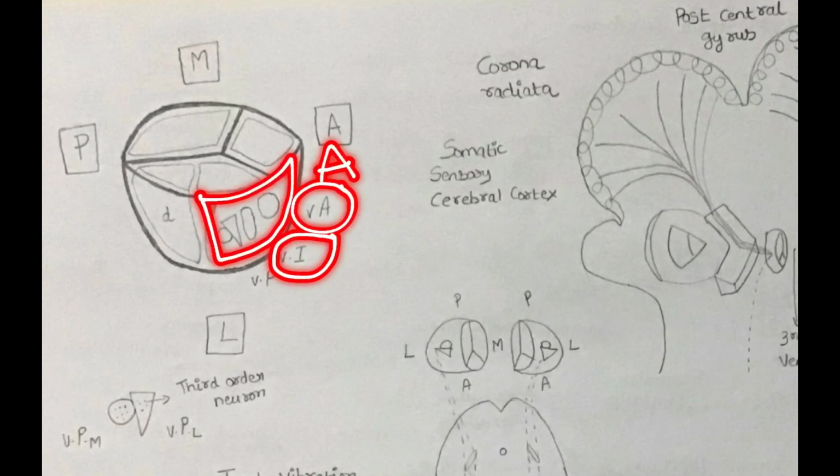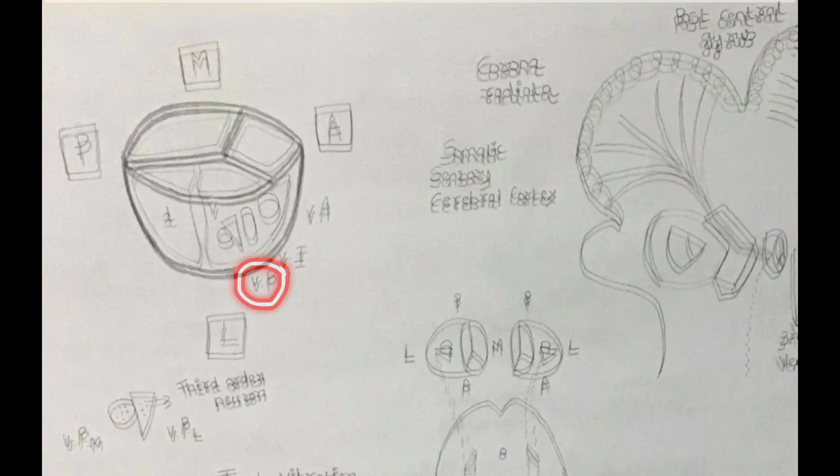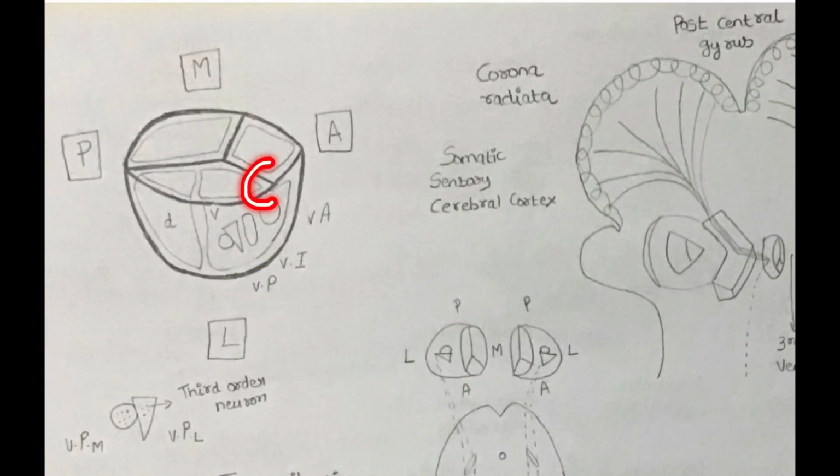The third nucleus is posterior to the second nucleus and also in the ventral area, so it is ventro-posterior, and the fourth nucleus is attached with the third nucleus. So the fourth nucleus is in the ventral area posterior to the third nucleus, and it is attached on the medial side of the third nucleus, so it is in the ventromedial position.